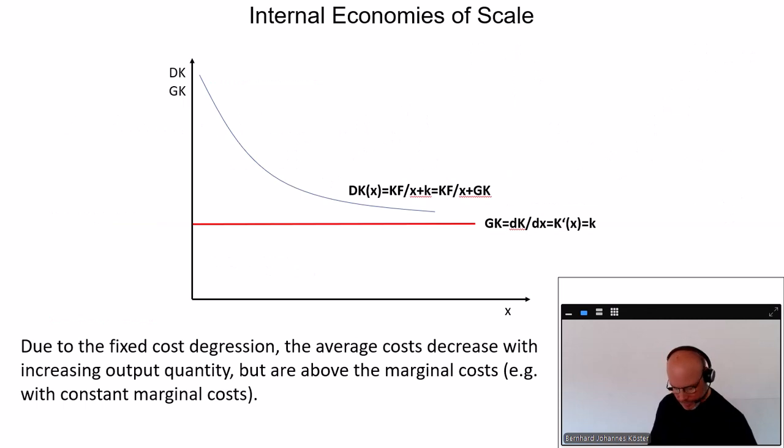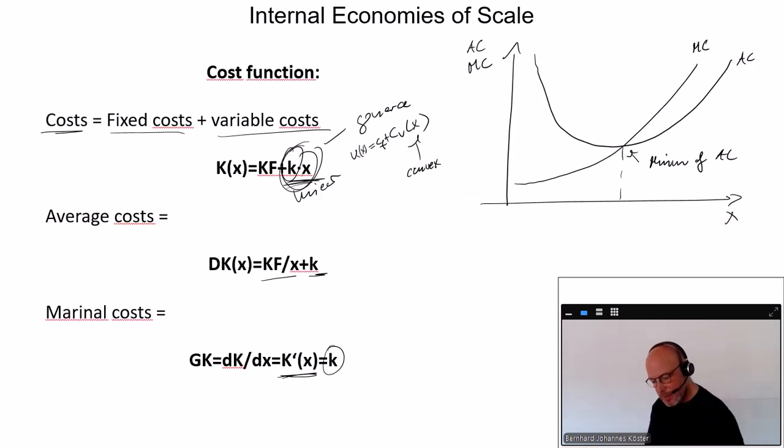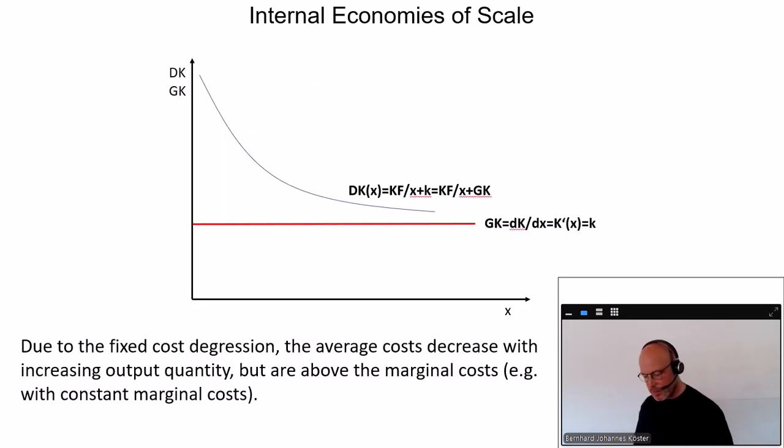And this then translates that the marginal cost is constant, and this means then that the average cost is not starting increasing again, but, and this is our assumption, that we have here this decreasing average cost function.